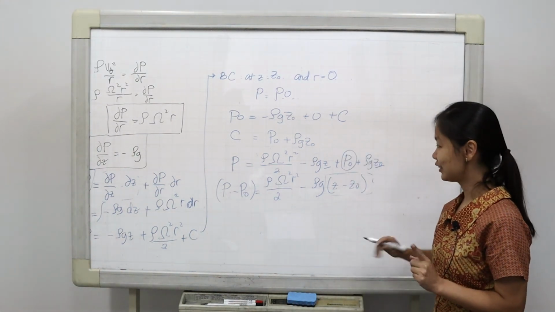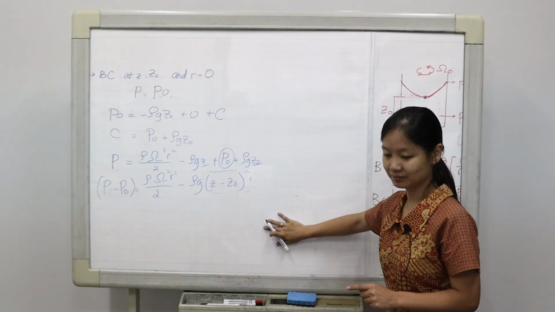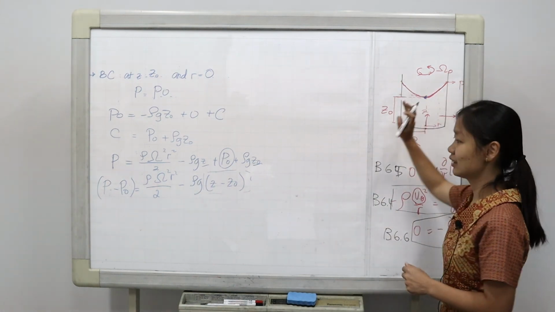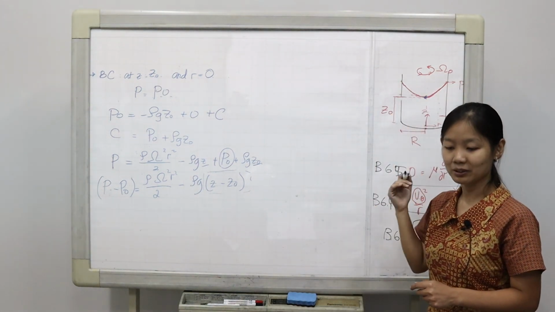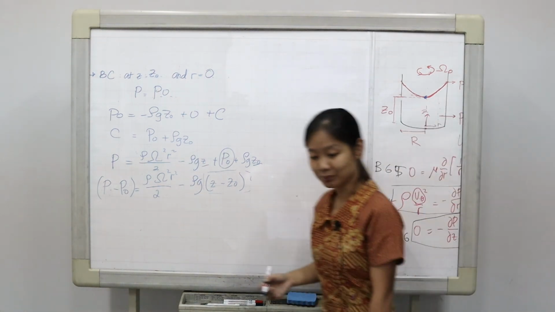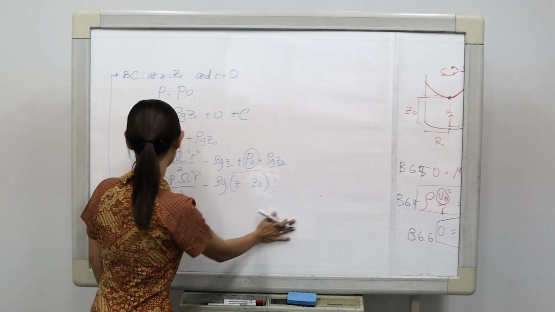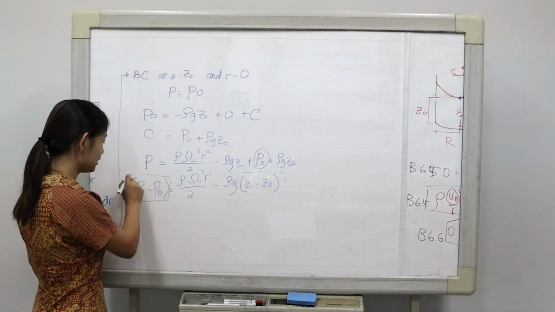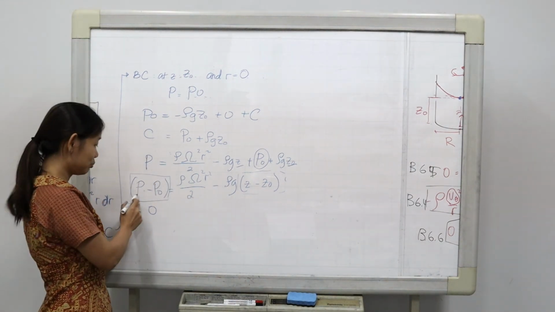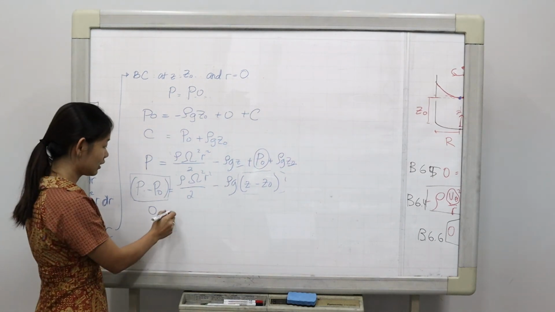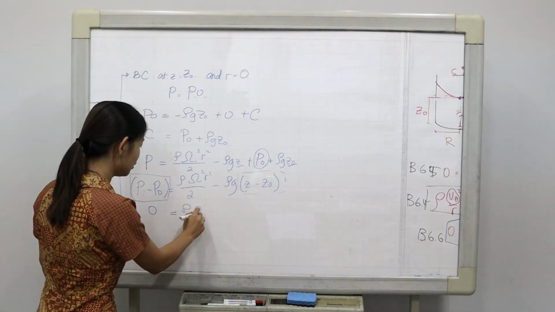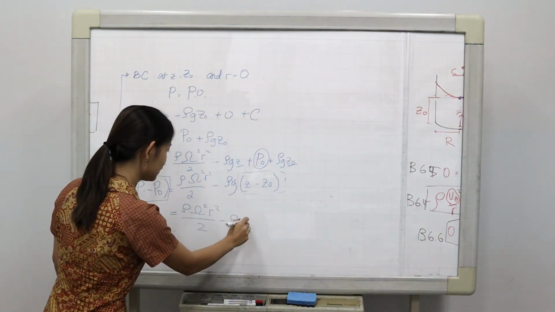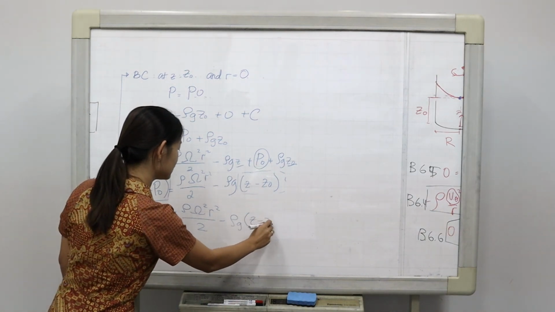Now let's have another look. At the surface of the fluid, the pressure is P0, which means that P minus P0 should be 0. So 0 equal to ρω²r² divided by 2 minus ρg(z minus z0).